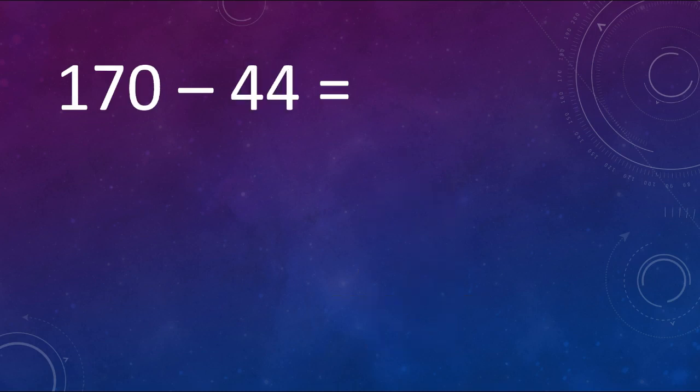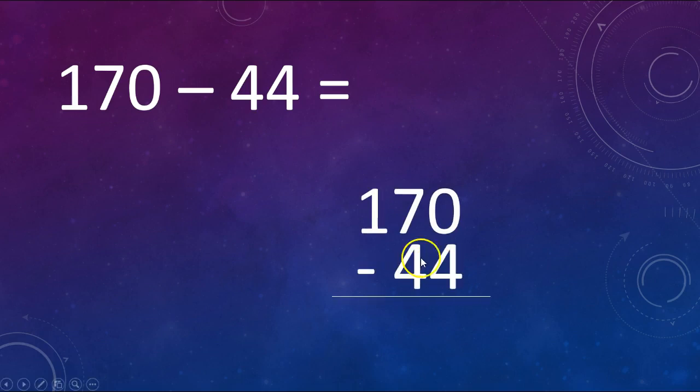Okay, go ahead and set this one up on your own, vertically, and then answer the question. All right, let's go ahead and compare. Is this how you set yours up? 170 minus 44. I lined up my ones, I lined up my tens, and my hundreds. Where do we need to start subtracting from? Do we start from the ones place here, or do we start at the hundreds?